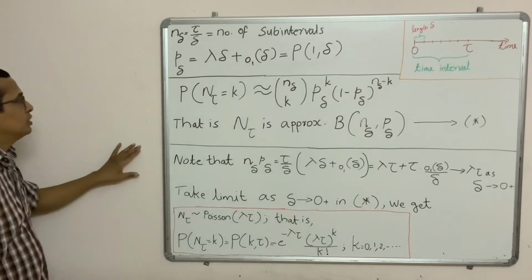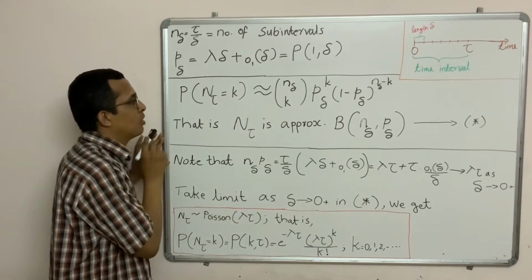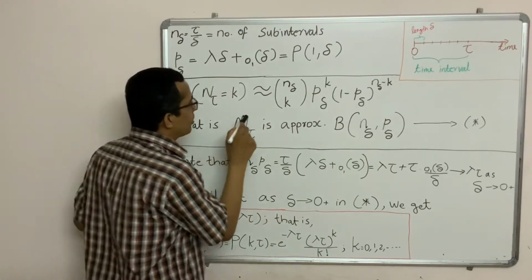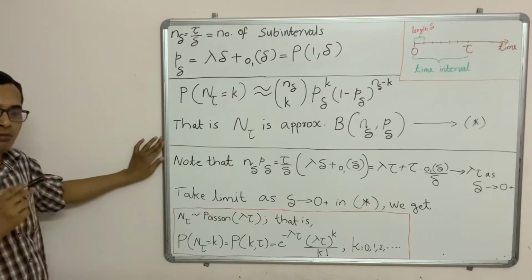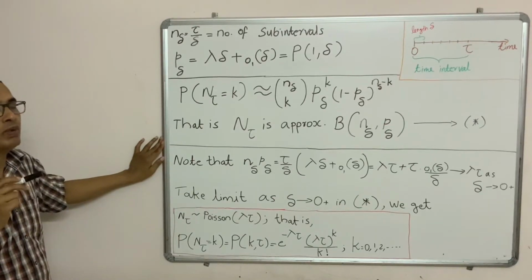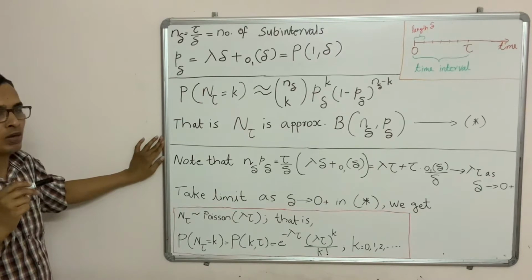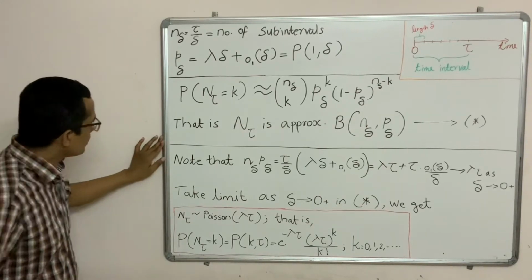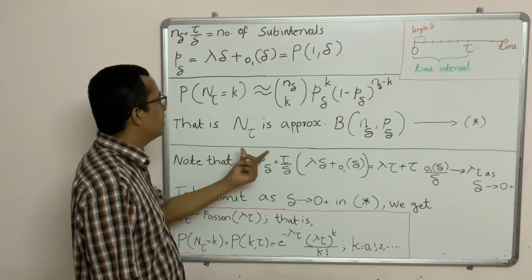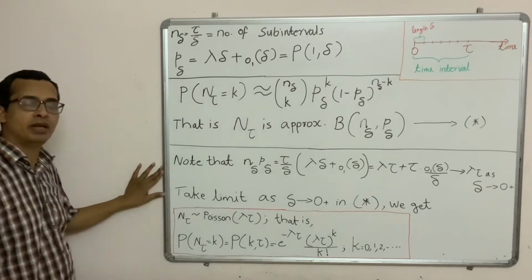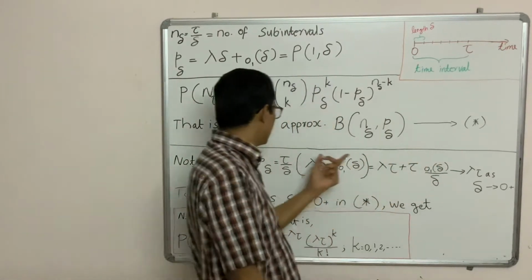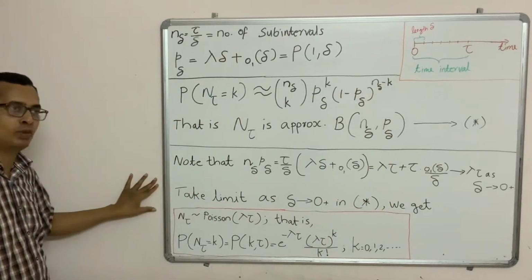So this argument shows that N tau, the number of arrivals in the whole interval 0 to tau, is approximately a binomial random variable, the sum of n_delta independent Bernoulli trials, each with success probability approximately lambda delta. So N tau is approximately binomial with parameters n_delta and p_delta. Let us call this fact star: N tau's distribution is approximately binomial.